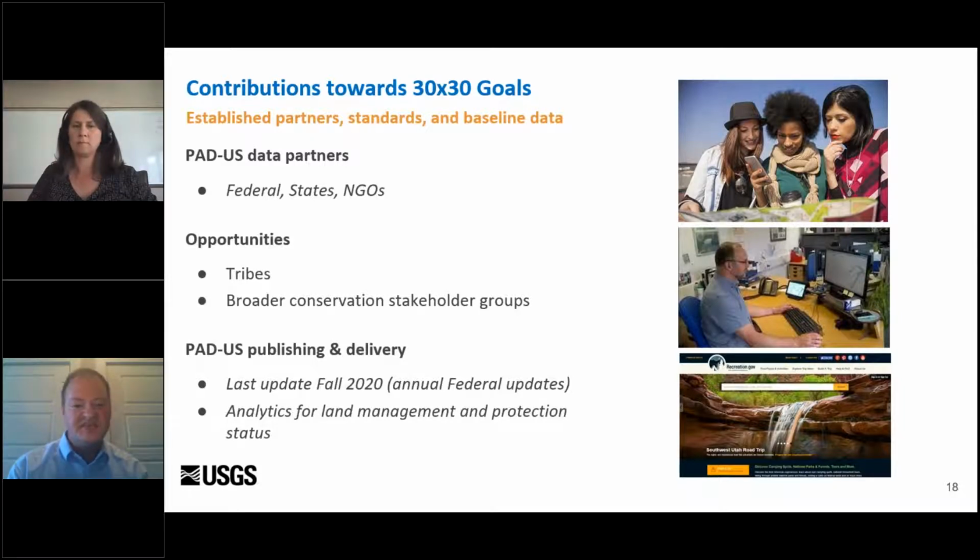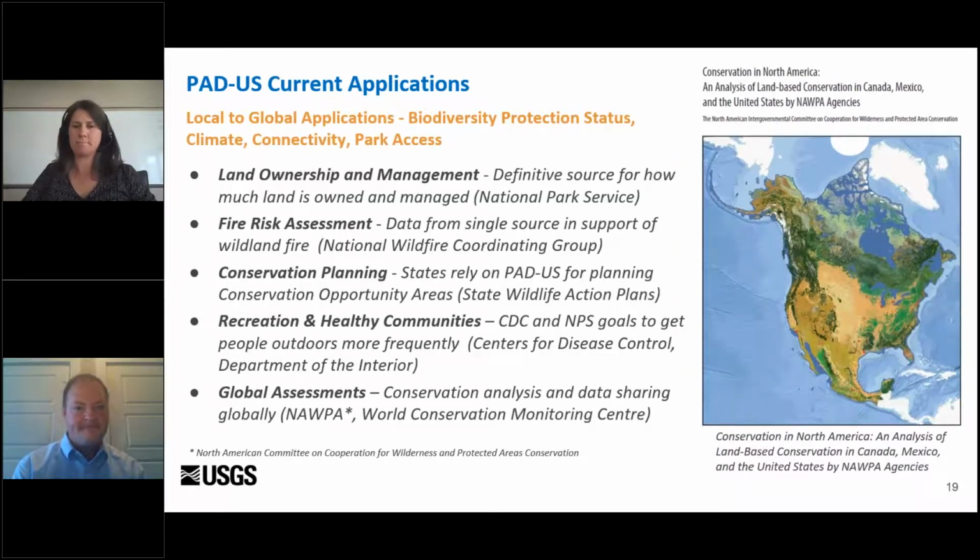And we'll continue to do that on an annual basis. So those data can be used and are currently being used for local to global applications in biodiversity protection, climate adaptation and mitigation, connectivity of these lands, and understanding what that means for wildlife, and what kind of access the public has to parks.